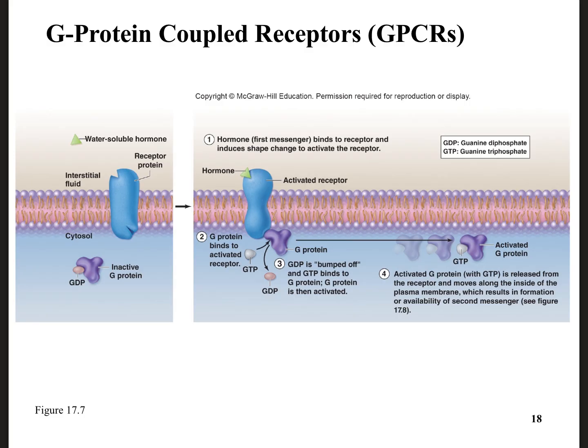So there's your G protein coupled receptors and how it works. What do we see here? The water-soluble hormone binds to its receptor. The receptor becomes activated. That receptor then activates the G protein. The G protein separates, and it's going to trigger something else. And this is where we're going to talk about the other second messengers that happen inside the cell.